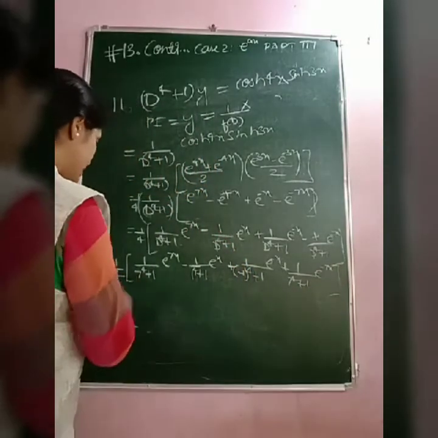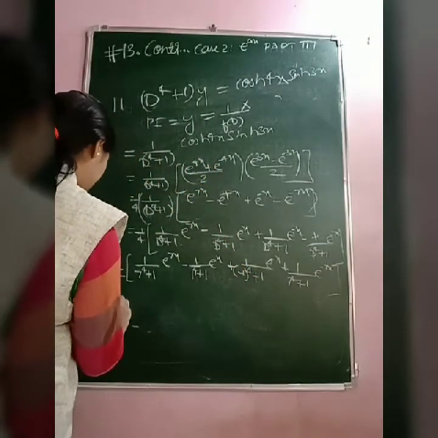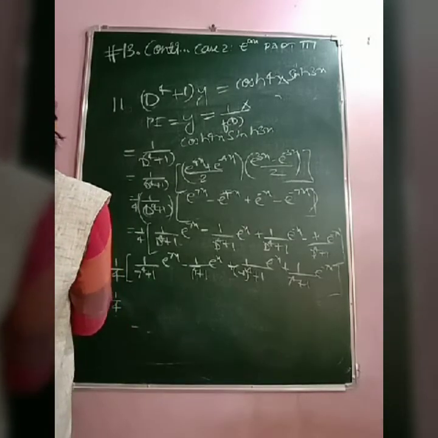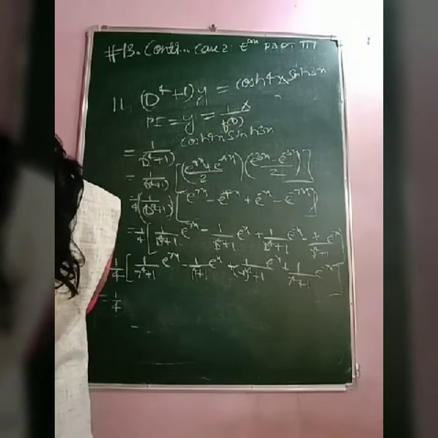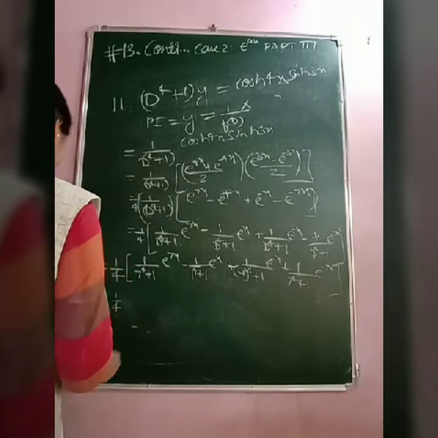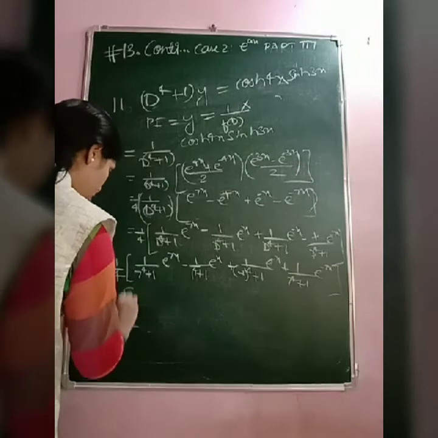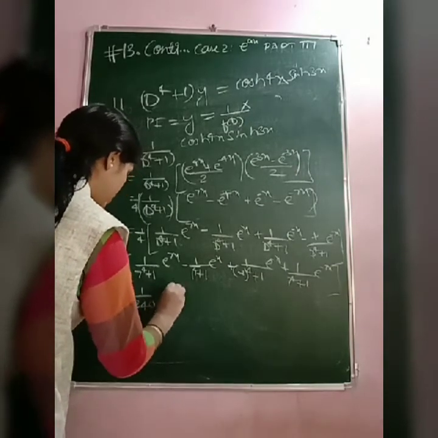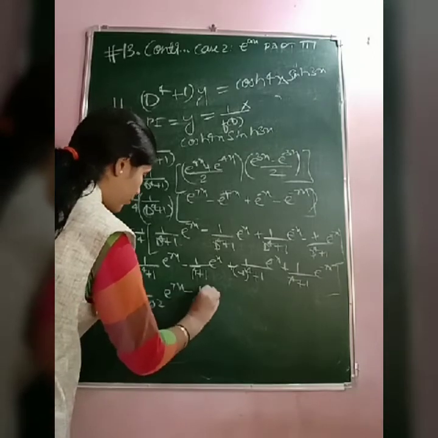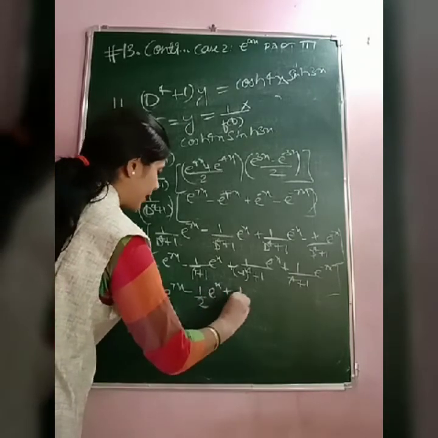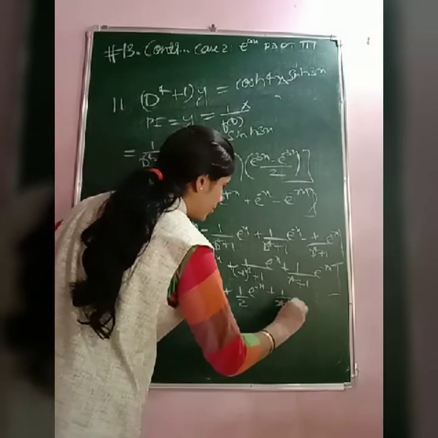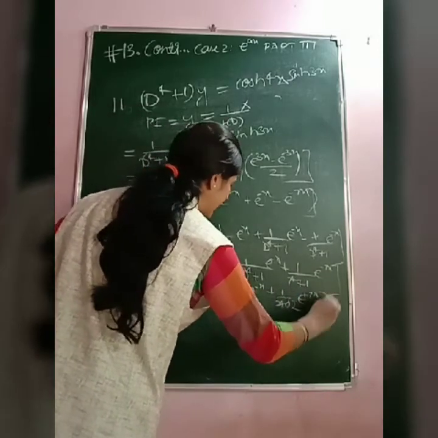So what is this? 1/4 as it is; 7⁴ + 1 is 2402. So 1/2402 e^(7x) − 1/2 e^(x) + 1/2 e^(−x) + 1/2402 e^(−7x).